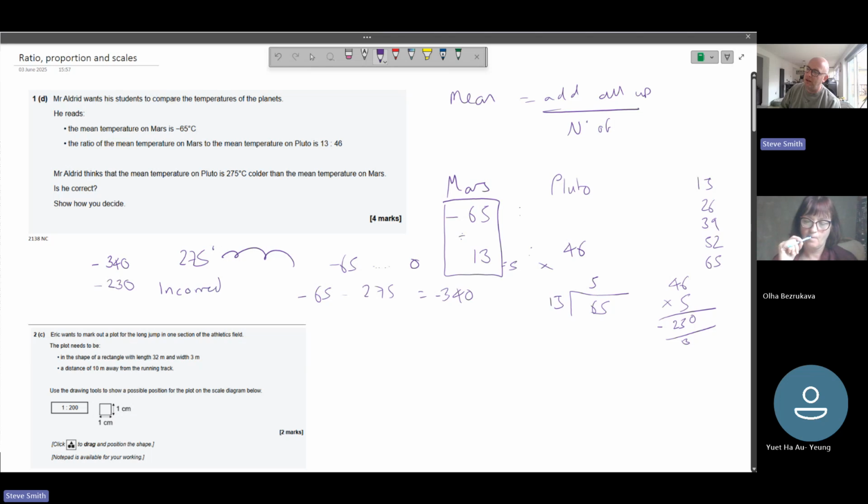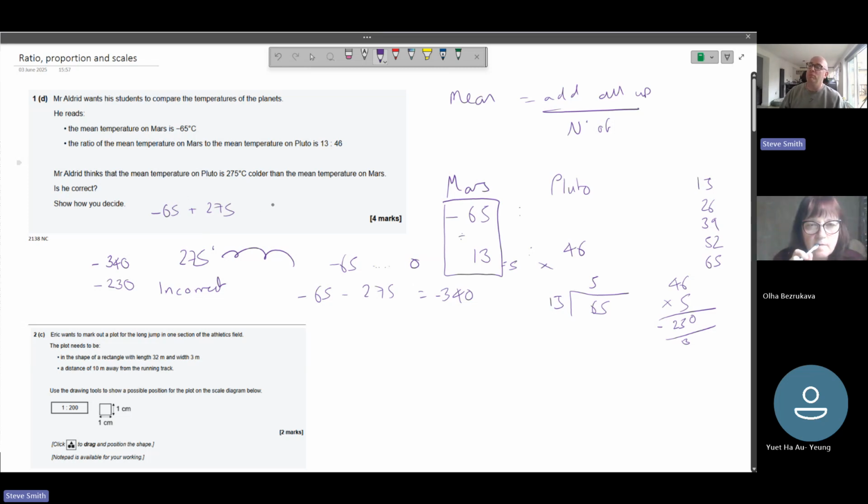When I first did this question, I thought, well, that's a long way out, how's it that? But what I think people might make as the mistake here is they've gone from minus 65 and they've added 275, and it's gone into the plus numbers.